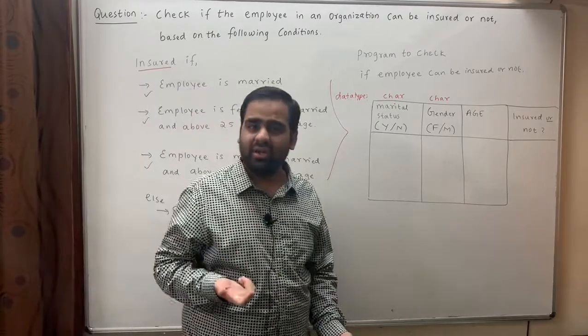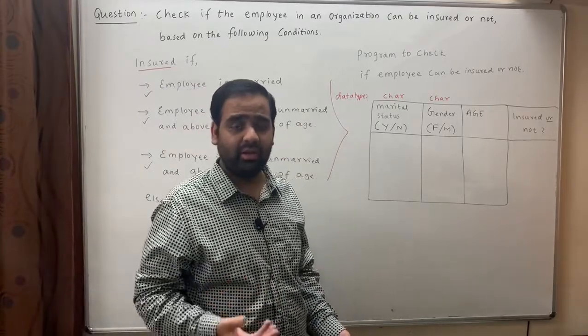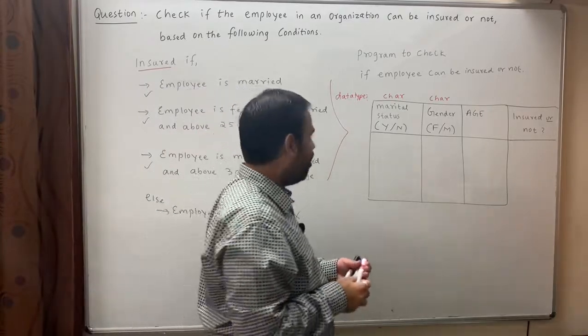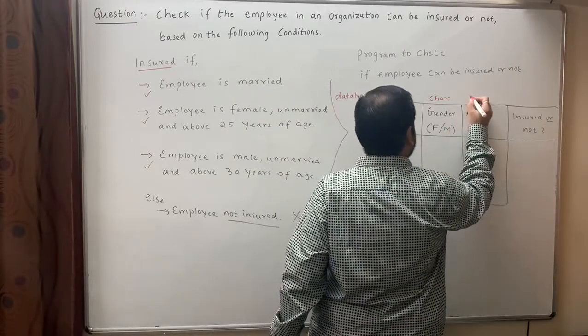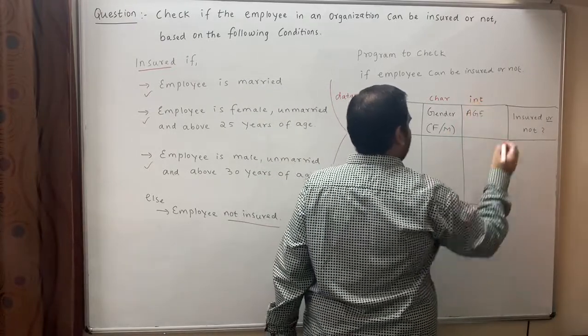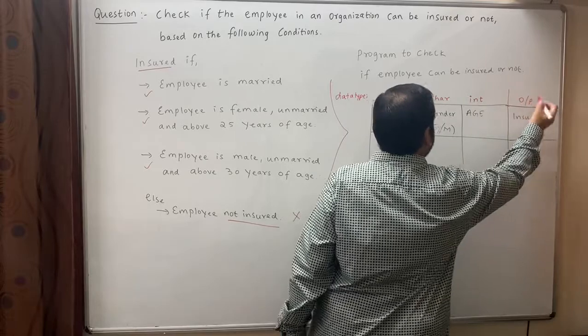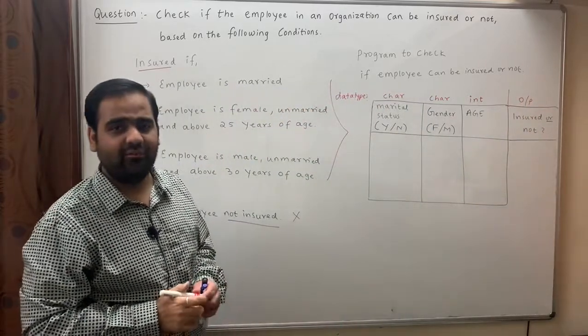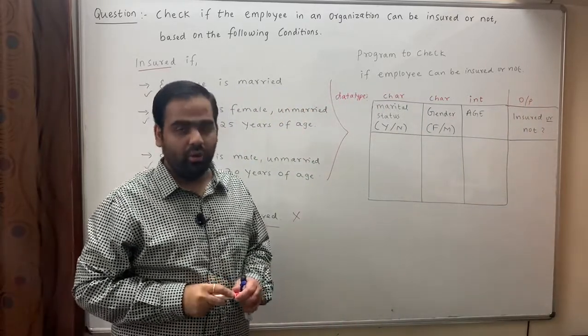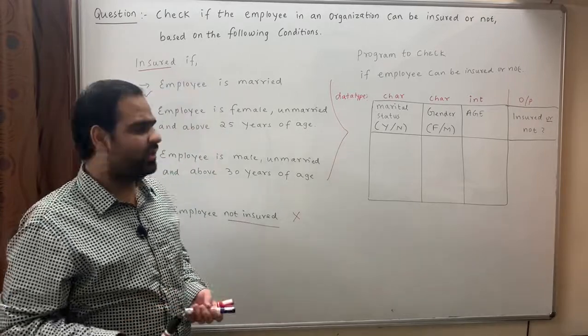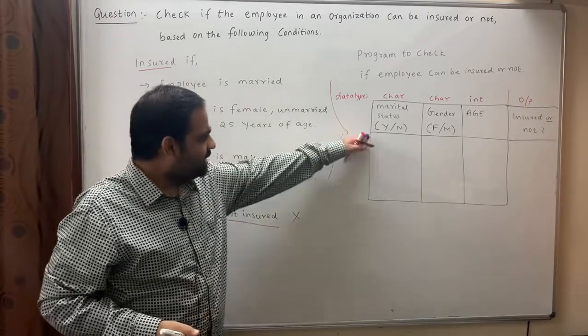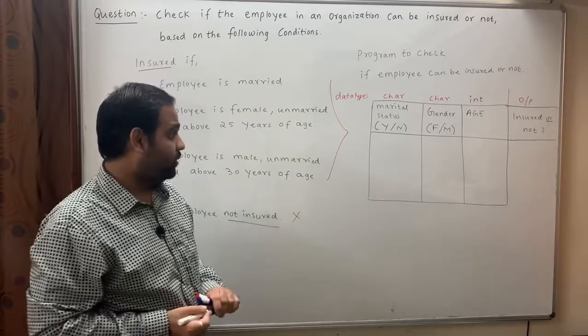We take it as an integral number, 23, 32, 90, 100 and so on. Therefore, this age is of integer type. And this is the output that we get in the form of yes or no, insured or uninsured.